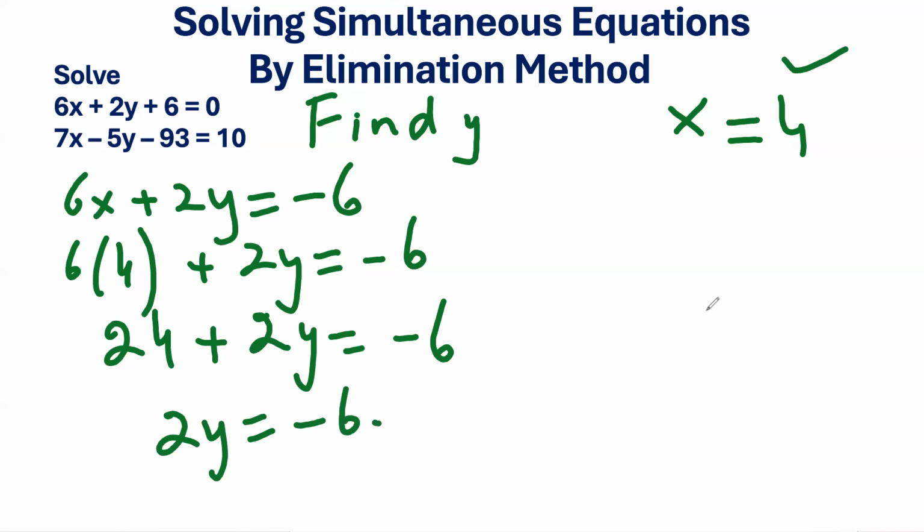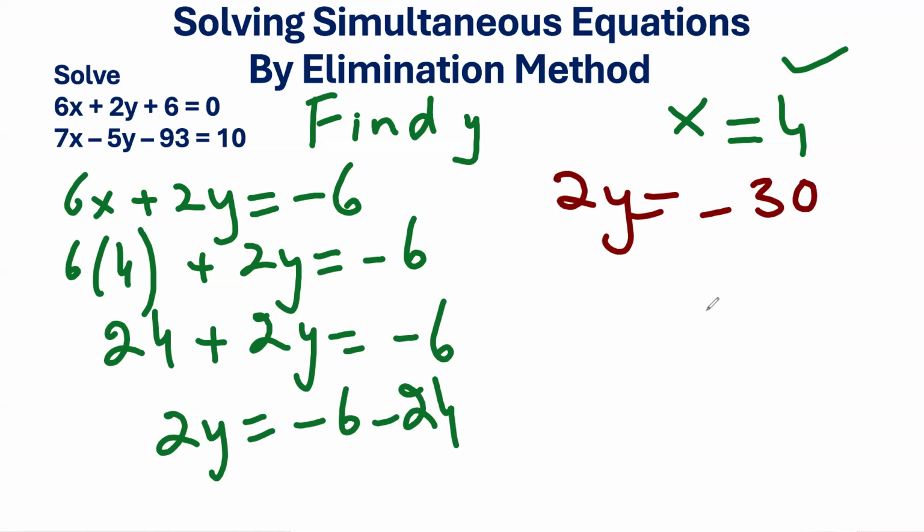It will become minus 24. Solving it further, 2y is equal to, now you have to add 6 plus 24 because 2 minus signs are there. So you have to add, but minus will come in the answer. Minus 30.